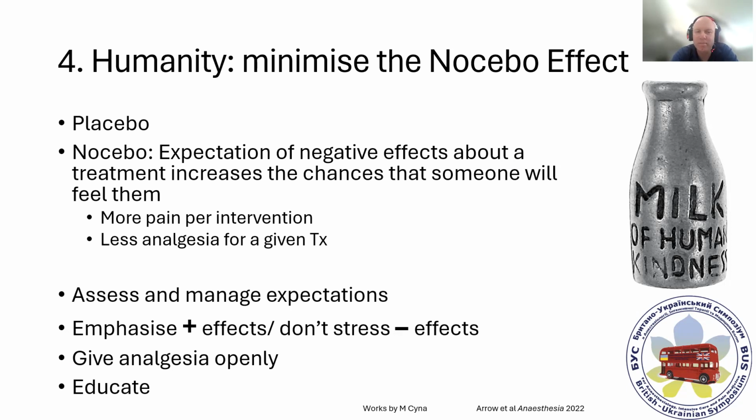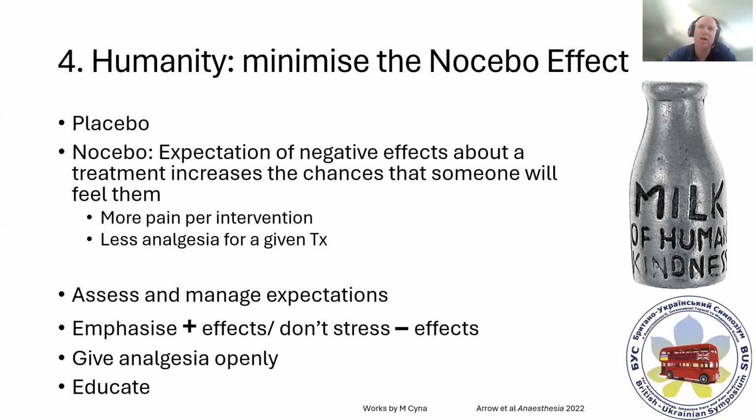Now, I'm still going to give it to them, but if those expectations are sought and managed, and the positive effects of paracetamol emphasized, and although the negative effects of any drug need to be mentioned, but perhaps not overly stressed, then you can get more effect from the drug that you're going to give anyway.